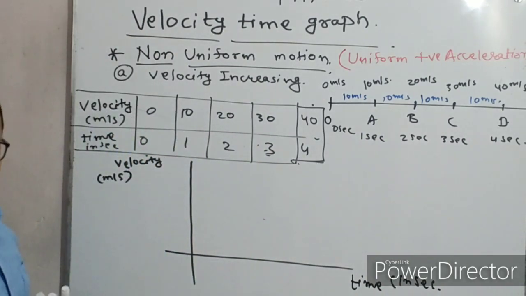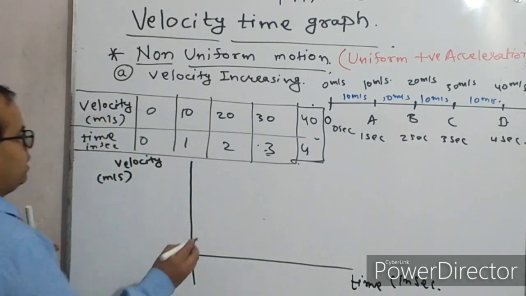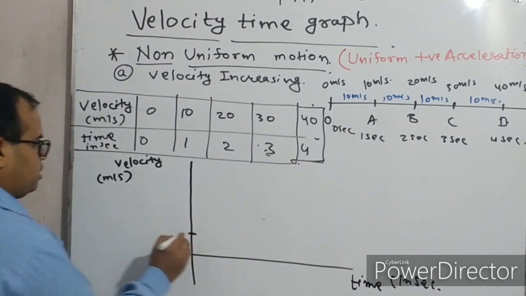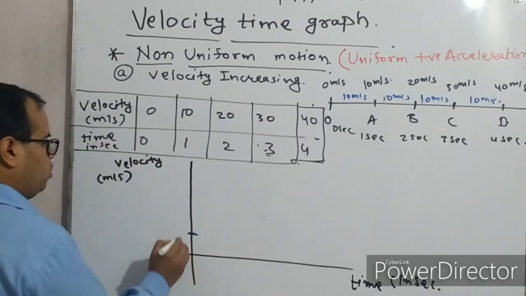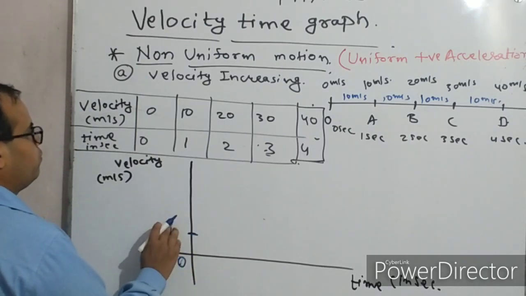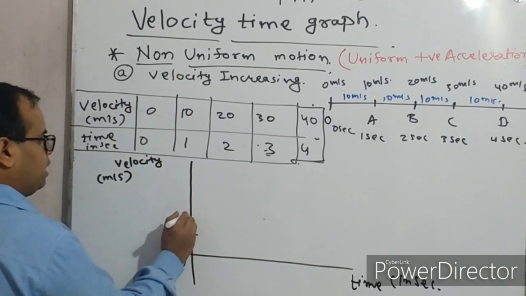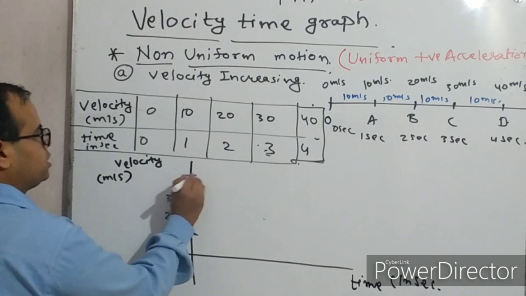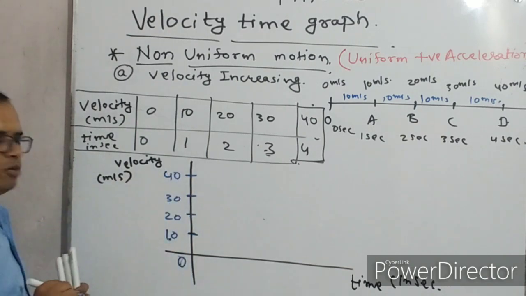Let us plot the time. This is 0. Here we have 0. Then we have 1. Then we have 10, then 20, then 30, then 40. It is in meter per second.